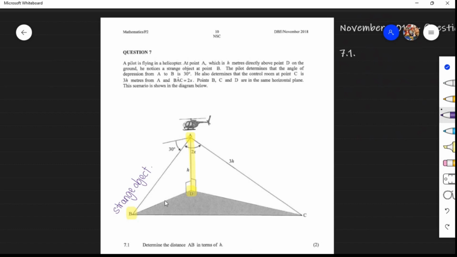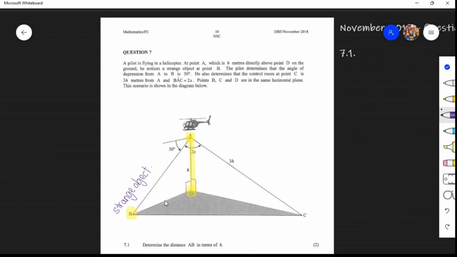Something important to take note of: if the helicopter is directly above point D, think of it as a pole or a wall. A wall is always going to be straight up. So this helicopter is straight up from the point D, meaning that it has to be 90 degrees to the ground. That is why you can see we have those 90-degree symbols.